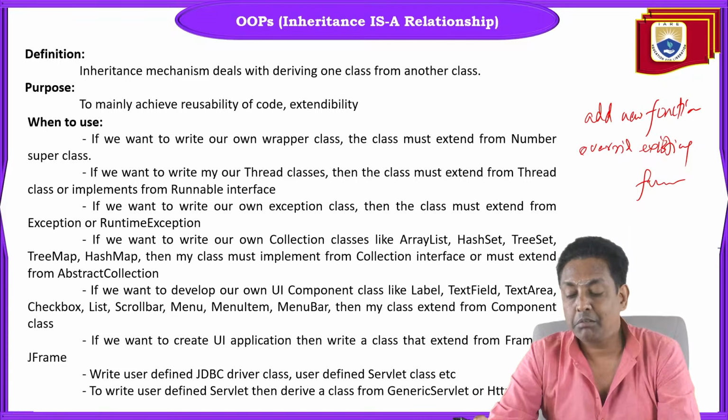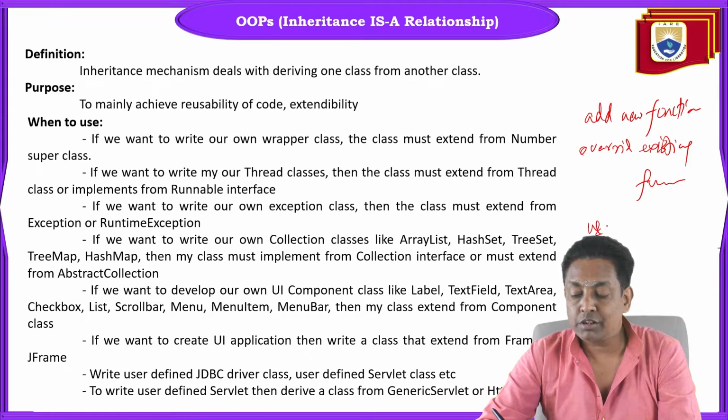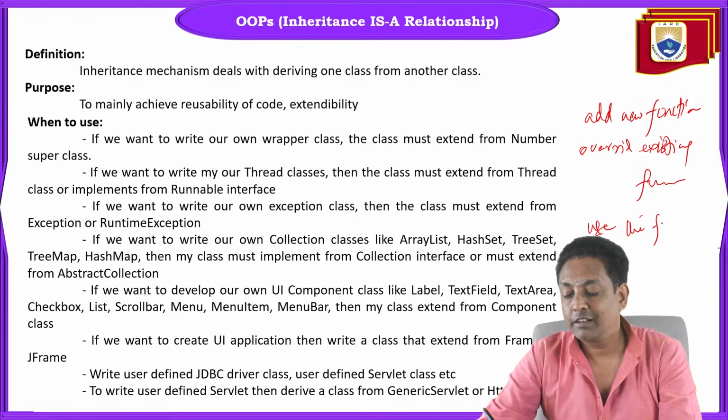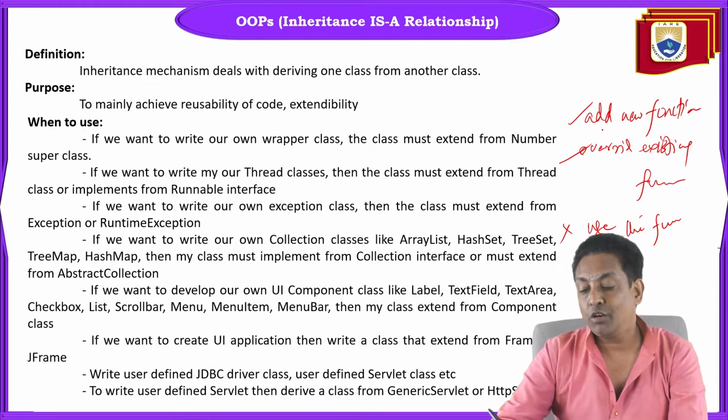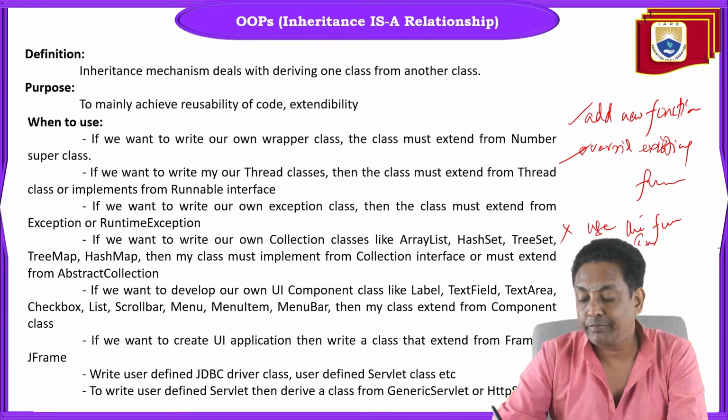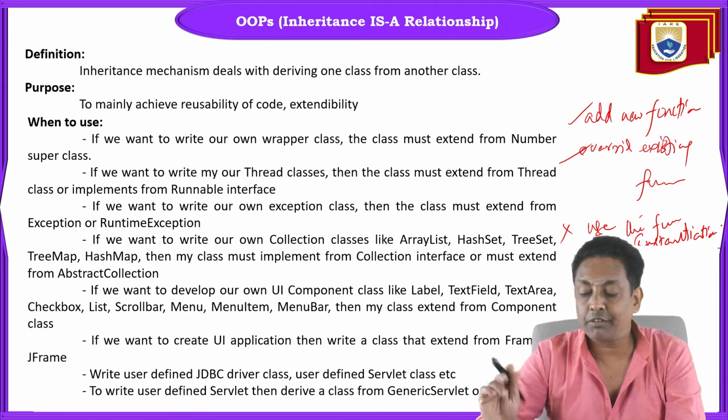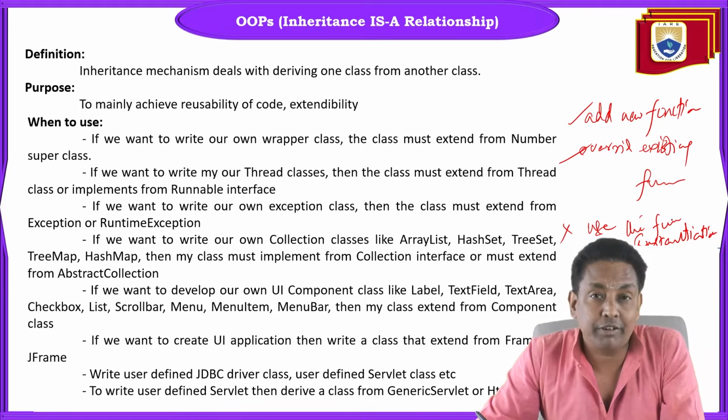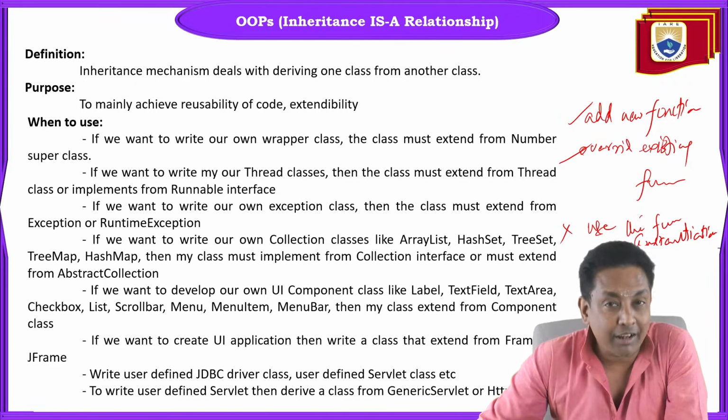Keep these two in mind. But if you want to use a functionality, then don't go for inheritance. Go for instantiation and object creation. If you create an object of a class, you can call the functions of the class.